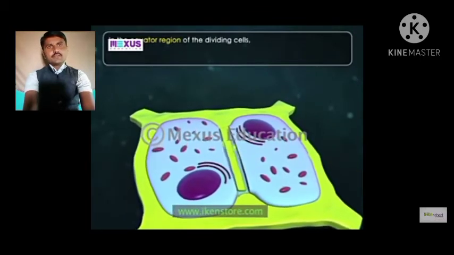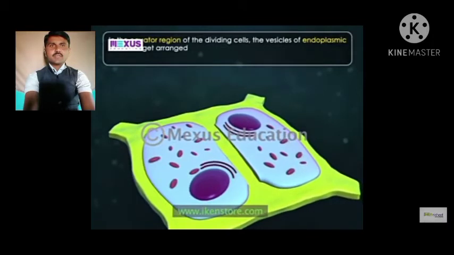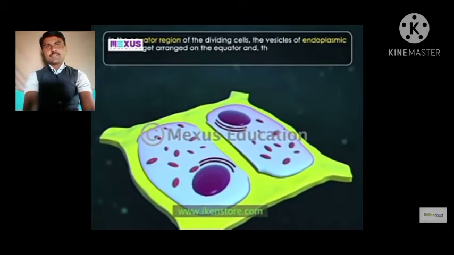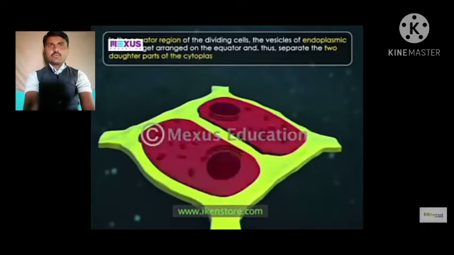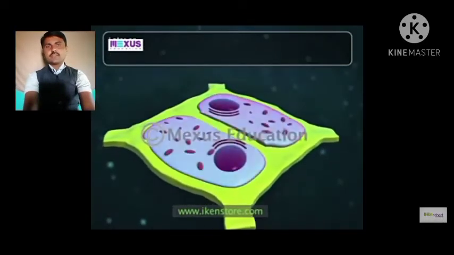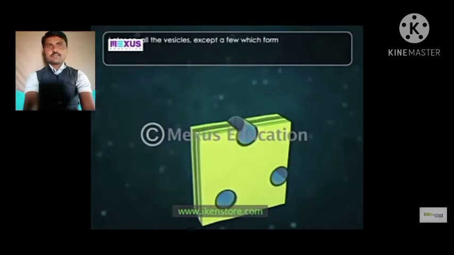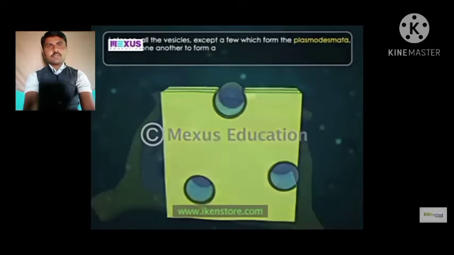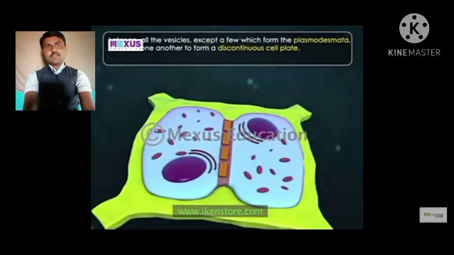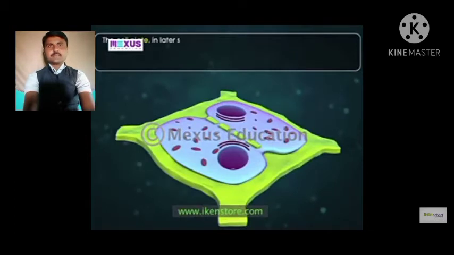In the equatorial region of the dividing cells, the vesicles of the endoplasmic reticulum get arranged on the equator and thus separate the two daughter parts of the cytoplasm. In all these vesicles, a few form the plasmodesmata which lie one on another, and this continues the cell plate.